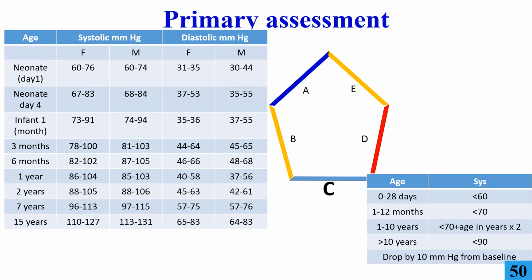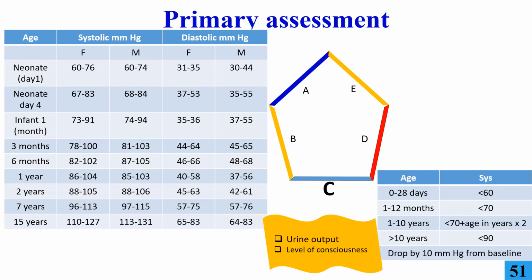If you are more than 10 years and you are less than 90, then probably you have a problem. But if you already measured the blood pressure and it's less than 10% of your previous, then check yourself about your trend, and you might have a circulation problem. Okay? Please remember to check the urine output, ml per kg per hour, and look at the level of consciousness.